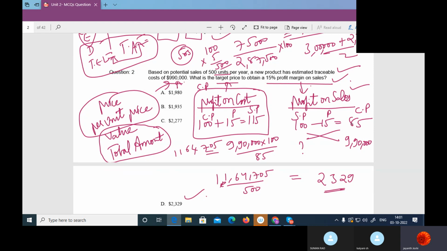If it is this much, then your selling price is this much. If this is the cost, what is the selling price based on this equation? If the margin is 15, first we have to find the cost price, which is 85. This equation you have to write and then solve.